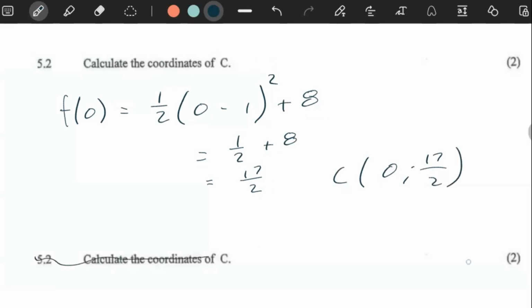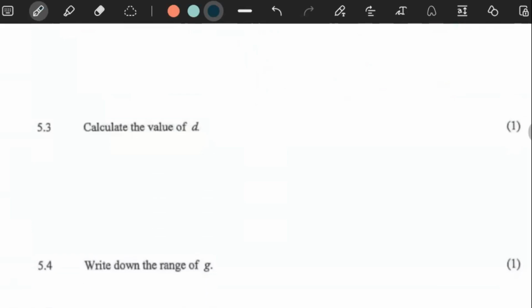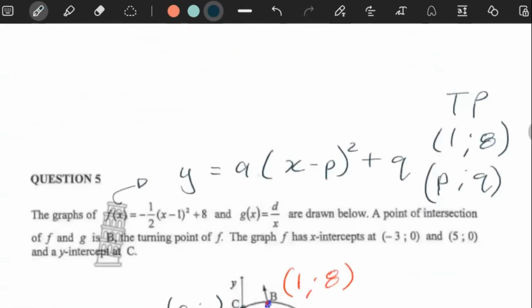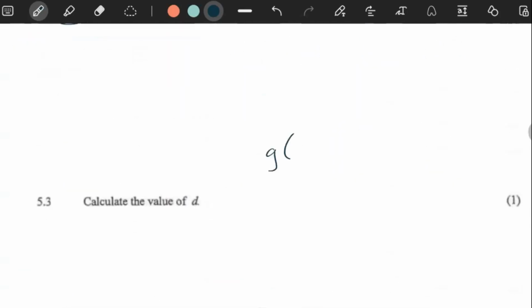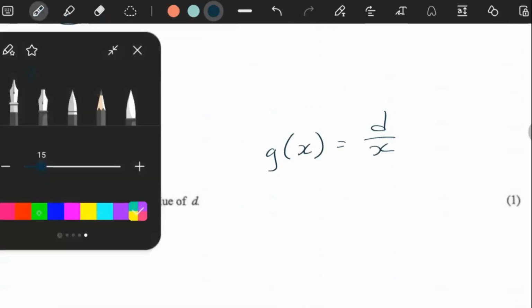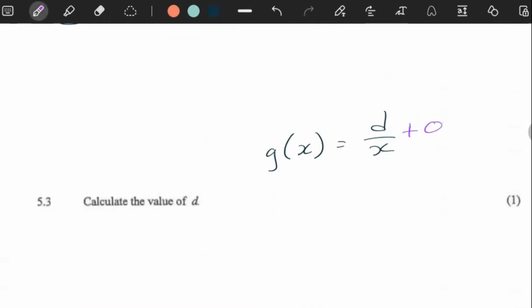I see here I wrote down the same question twice. 5.3 says calculate the value of d. D is a variable in the equation of g(x), d over x. So in a question like this, we want to recognize that as long as there's no number here, the number there is a 0. We also want to recognize that where x is, as long as there's no number down there, that number there is automatically a 0.